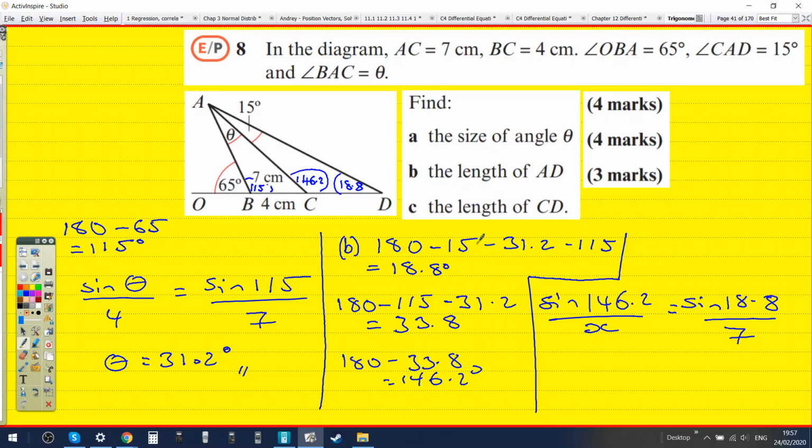I got x is 12. 12.0? Yeah, I got 12.08. Alright. Centimeters.